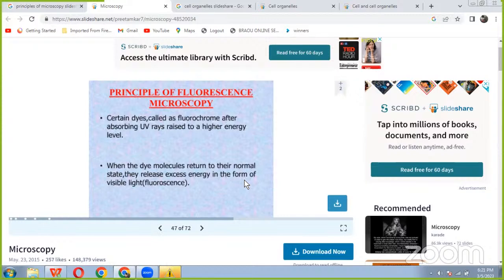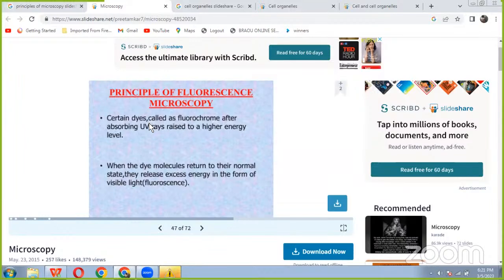To select the particular wavelength of light, a filter called the excitation filter is used, between the UV lamp and the specimen. Another filter is called the barrier filter. These are the principles of the fluorescence microscope.